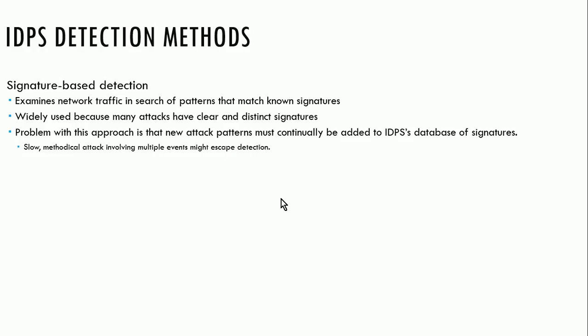So you can be pretty sure that if you see a certain pattern, that it's probably a certain type of attack. The problem is that any new attack patterns have to be added to the database over time, and if it's not there, then you're going to miss those types of attacks. So you have to constantly keep the signature database updated. So maybe the vendor or manufacturer of the IDS that you're using might put out updates, and if you fail to do that, then you may not catch some of those attacks.